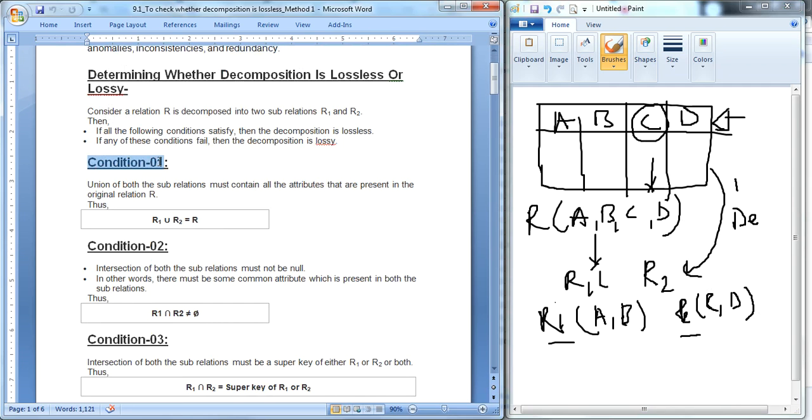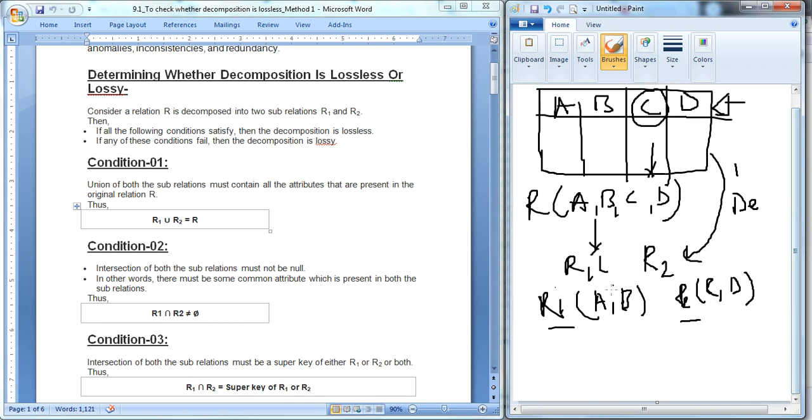Condition one says that if a relation R is decomposed into R1 and R2, then R1 union R2 is equal to R. If we go with this example, R contains A, B, C, D, and R1 union R2 also contains A, B, C, D. Then we can say that the first condition is true.